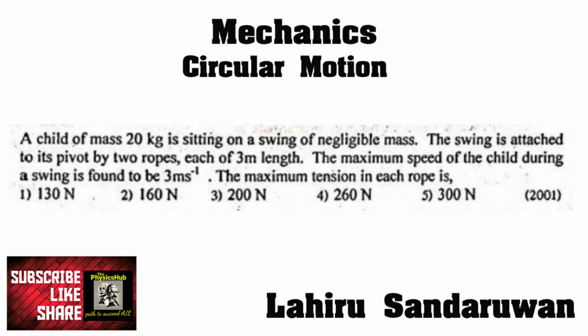A child of mass 20 kg is sitting on a swing of negligible mass. The swing is attached to its pivot by 2 ropes, each of 3 meters length. The maximum speed of the child during a spin is found to be 3 meters per second. The maximum tension of each rope.